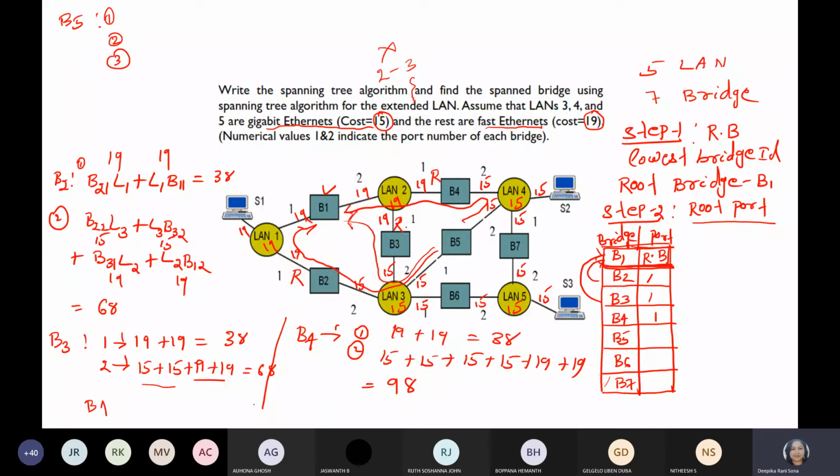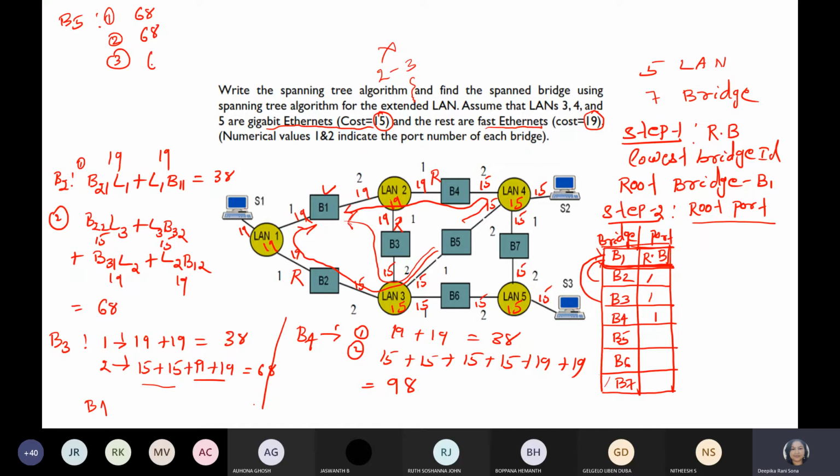Path 1: 15 plus 15, 30, plus 38, 68, right? Second one: 15 plus 15, again 30, 19 plus 19, 38, so it is 68. Then path 3: 15 plus 15, again 30, plus 19 plus 19, 68.